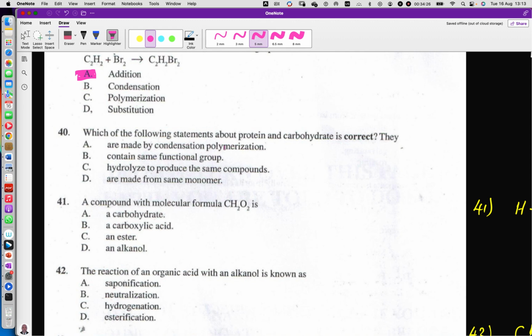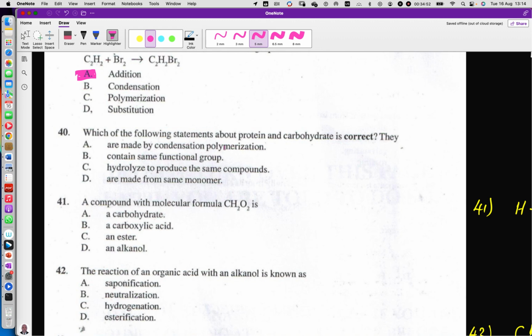Do they hydrolyze to produce the same compound? No, when they are broken down, they don't produce the same compound. Carbohydrate is broken down to produce glucose. Protein is broken down to produce amines.